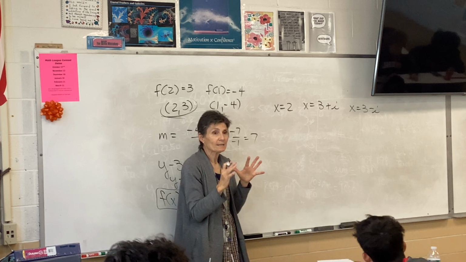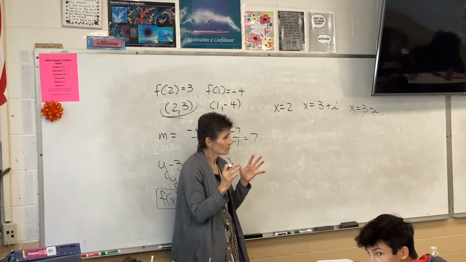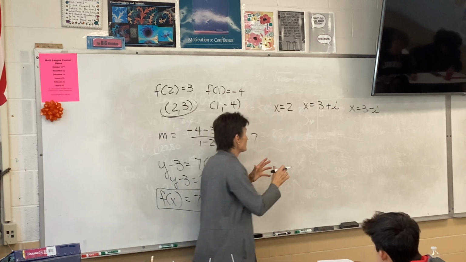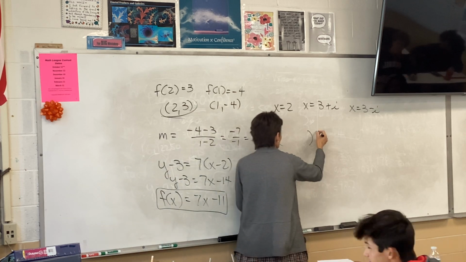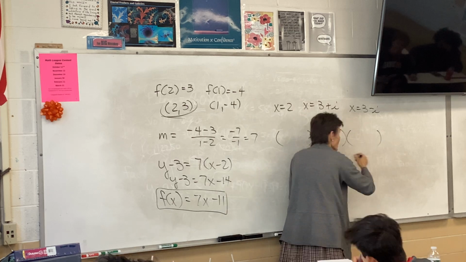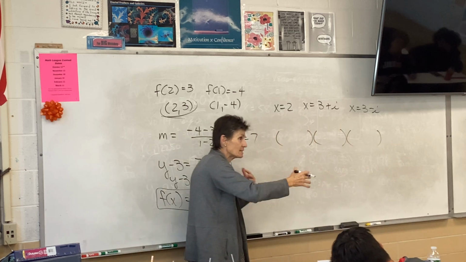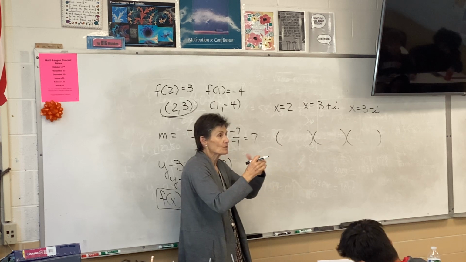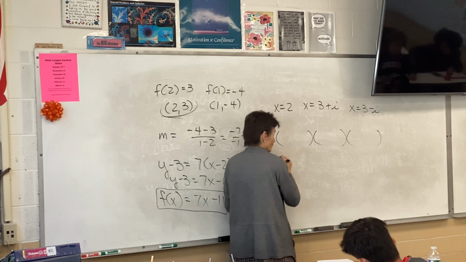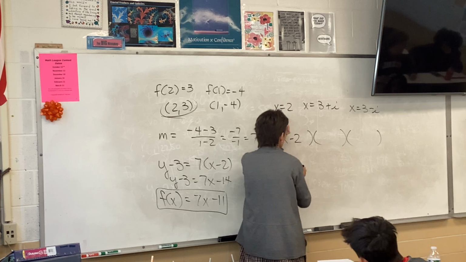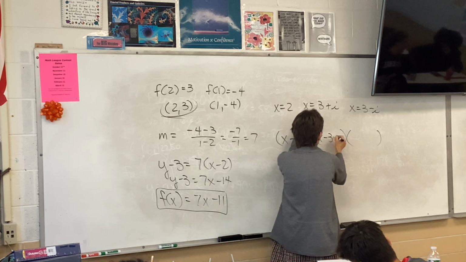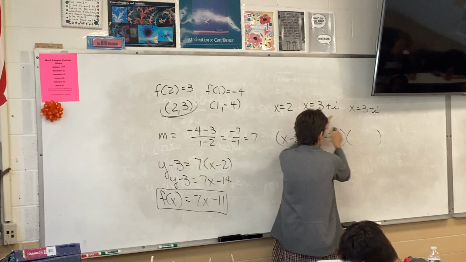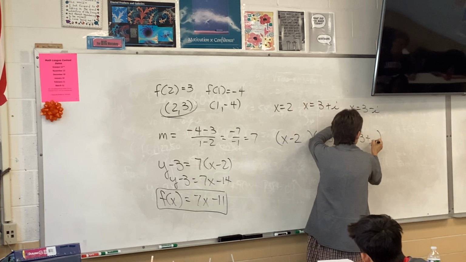Now, to write the equation, we need to build some factors so that we can multiply everything together and get the answer, right? So, what will the factors be? x minus 2, x minus 3 plus i, and x minus 3 minus i.